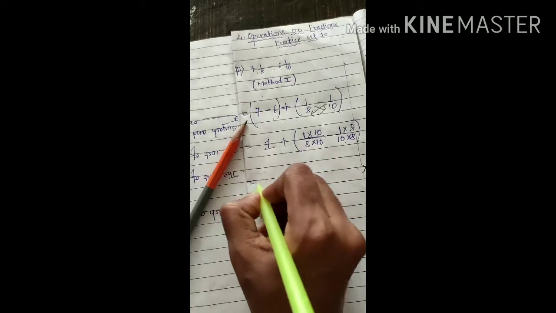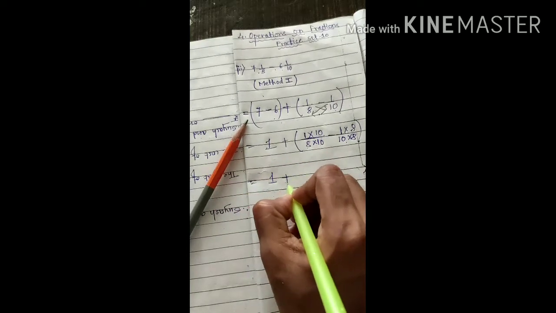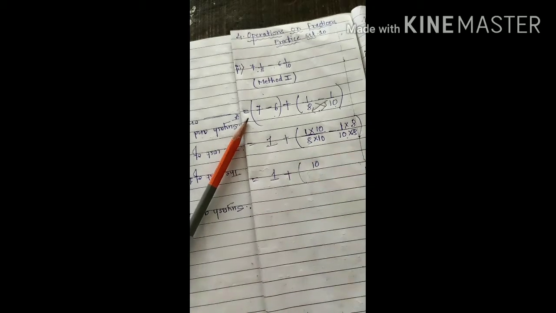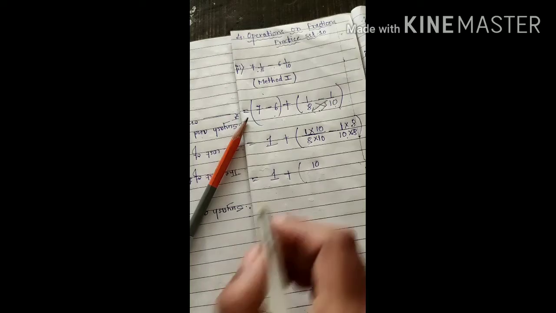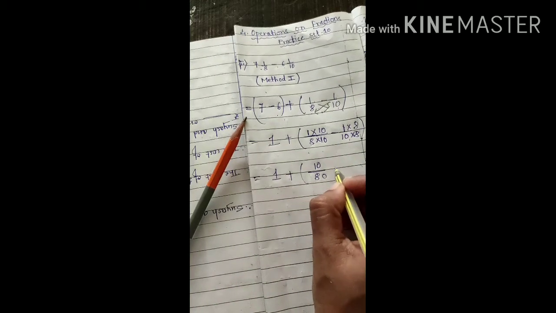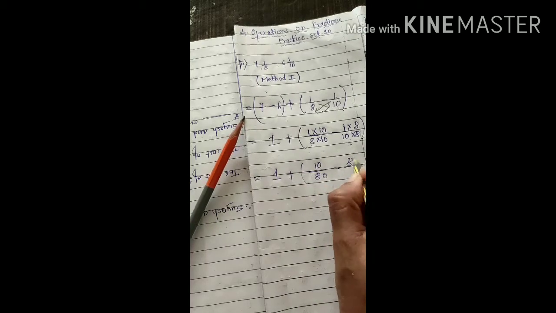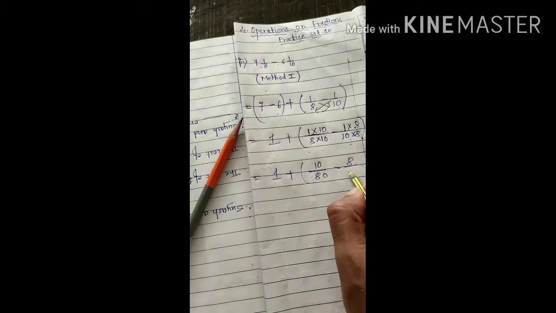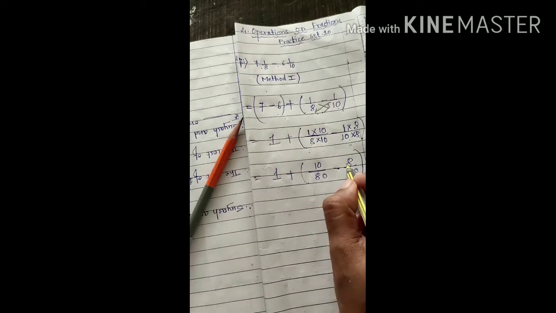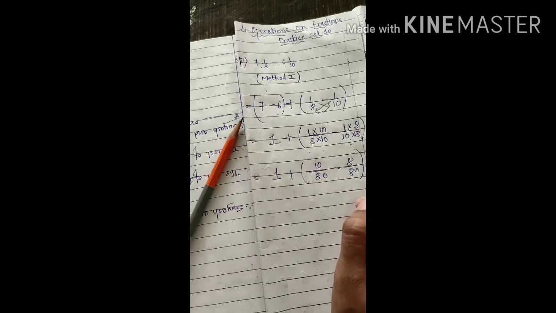So 10 ones are 10, and 8 into 10, that is 80. 8 ones are 8, 10 into 8, that is 10 8s are 80. Now your denominators are the same.